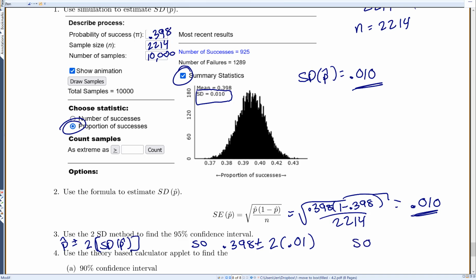So 0.398 minus 2 times 0.01, you have to type it in correctly. I'm getting 0.378 to 0.418. So that's my best guess for the population proportion: we're 95% confident that it is within that interval.